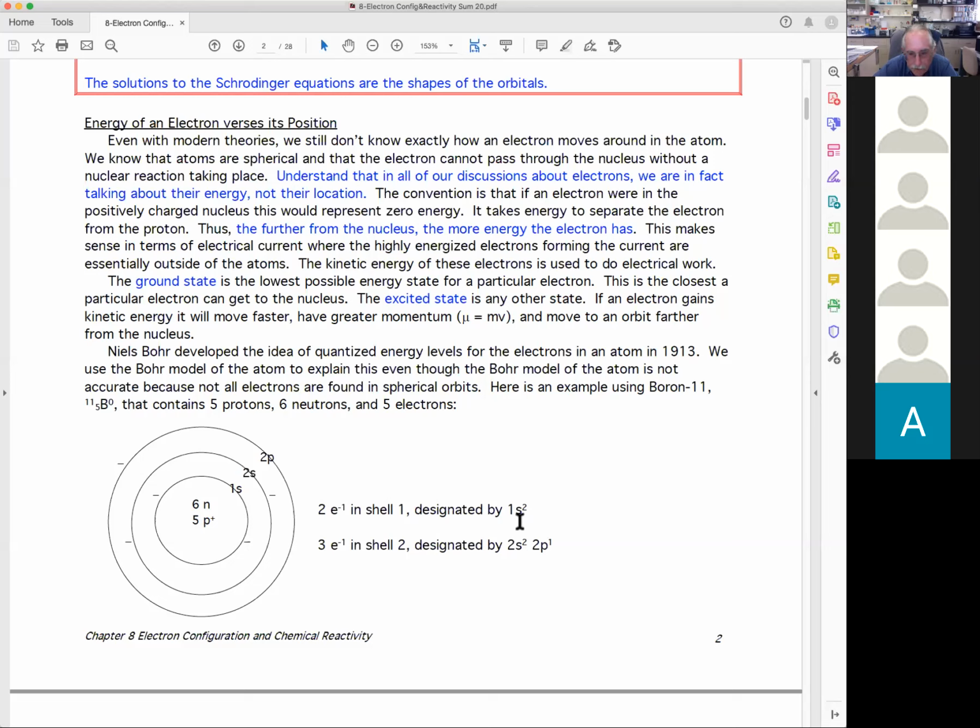They're in a type of subshell that's an S, and there's 2 of them. What about in this second shell over here, in shell number 2? In shell number 2, you have 2 subshells. One's an S and one's a P. I have 2 that are in the S, and I have only 1 that's in the P. So you see how that works?